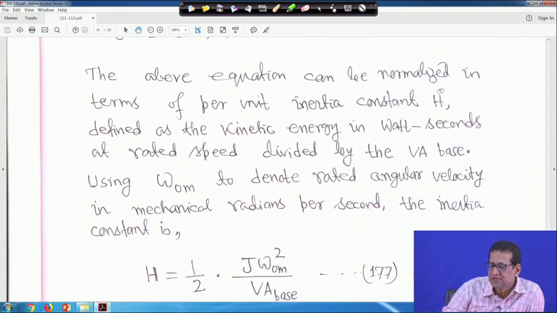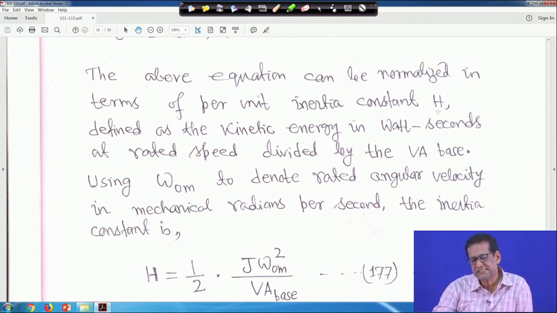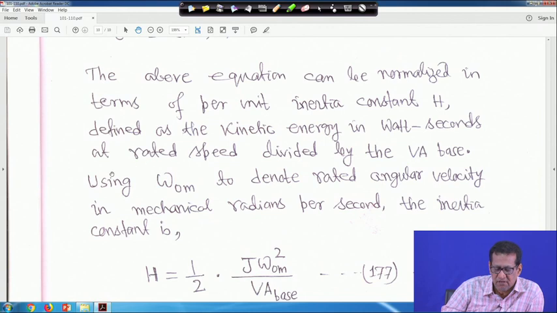The above equation can be normalized in terms of the per unit inertia constant H. That H you have also studied, the inertia constant, and its unit is second. It is defined as the kinetic energy in watt second, because joule per second is equal to watt, at rated speed divided by the volt ampere base.